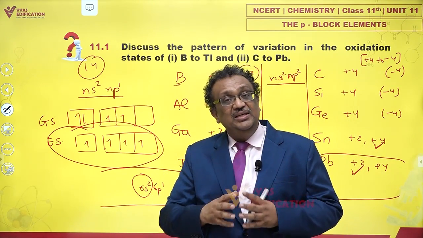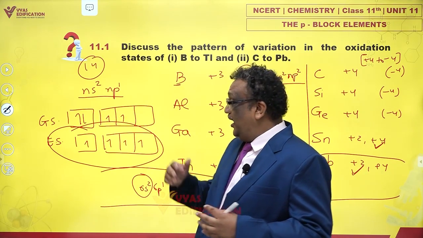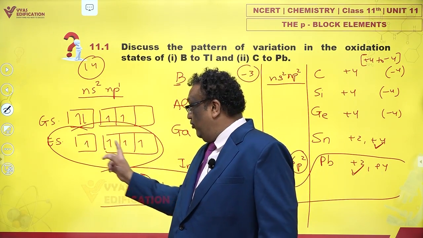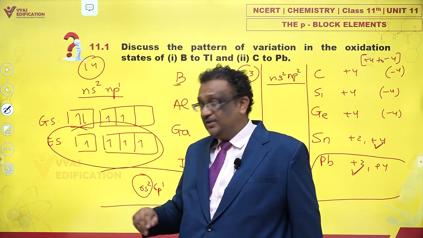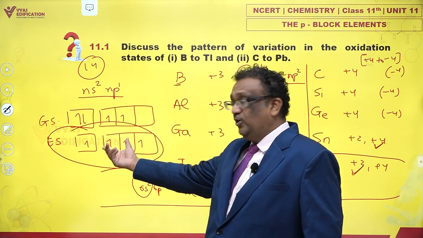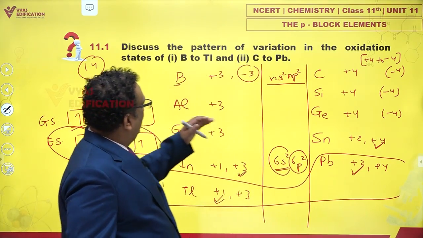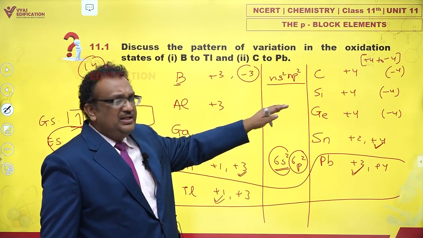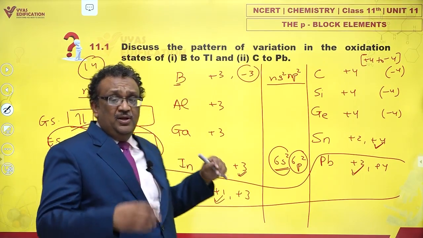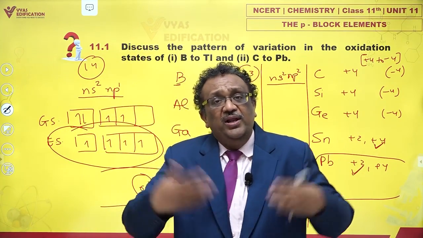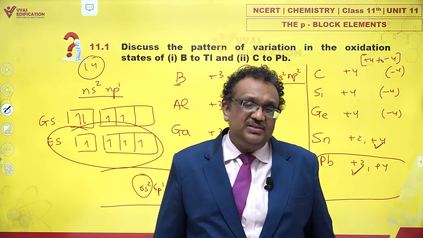In case you show excitation, you get 2 more bonds to form. Usually with higher up ones, carbon, silicon, germanium or boron, aluminum, gallium, more number of bonds means more energy is released. This is profitable business.